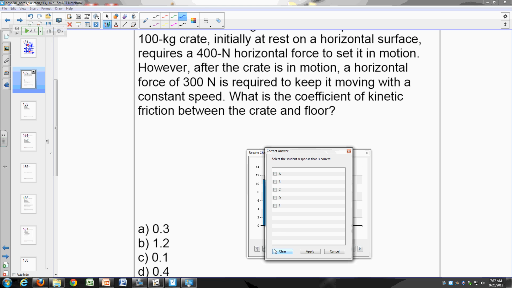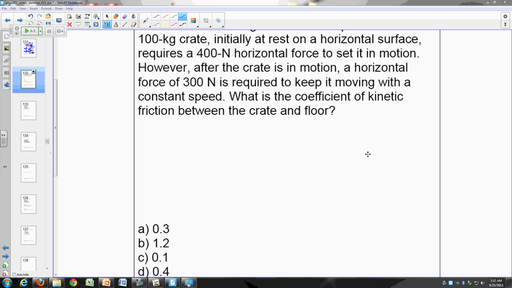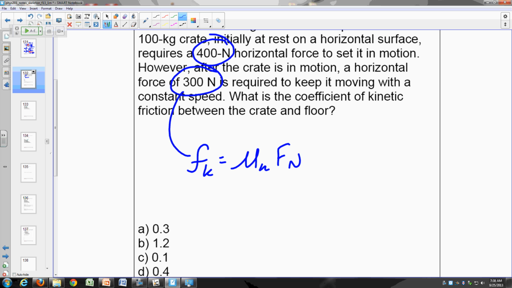A is right. So here you want to determine what is the force due to kinetic friction. I have this object, I push on it, and it requires 400 to get it going. So that's going to be my static frictional force. That's that initial big force to require it to get it in motion. But thereafter, it's only 300 newtons, right? So this is going to be my Fk, which is equal to mu k times my normal force. I have a 100-kilogram crate.